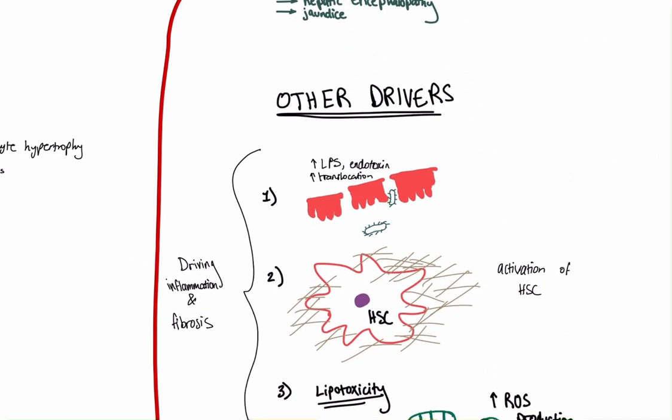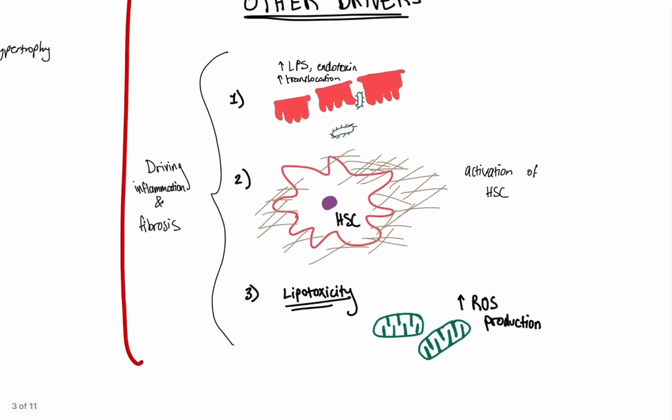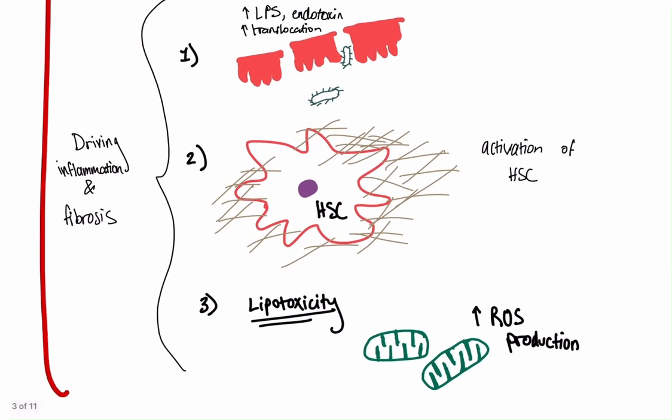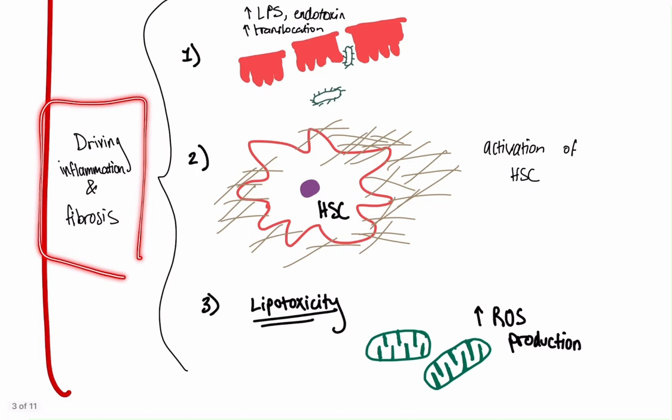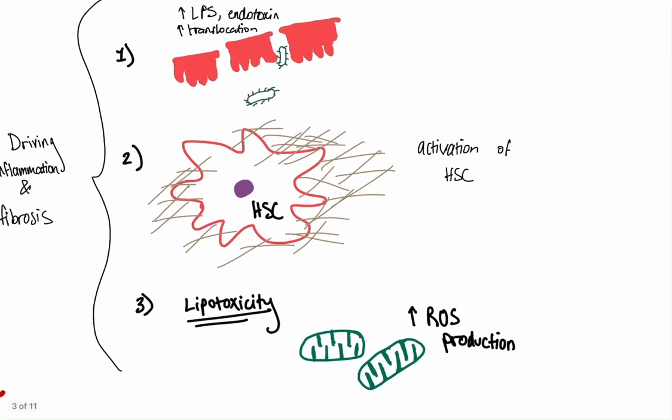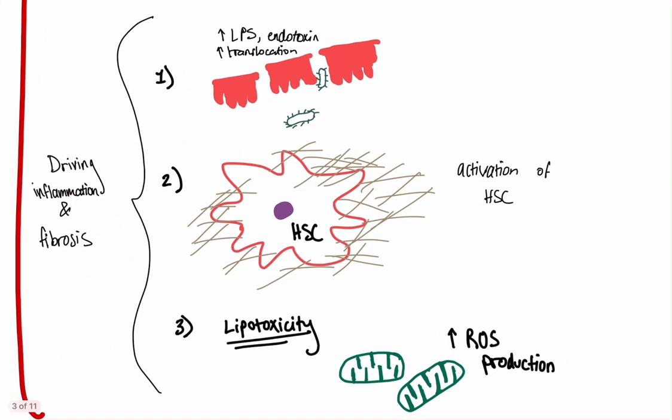Now, other reasons why cirrhosis is so dangerous are also outlined here. Mainly, it comes down to driving inflammation and fibrosis. But more specifically, we can look at increased permeability of the gut and the small intestine to microbes such as bacteria and their toxins, such as lipopolysaccharide and other endotoxins, which can drive inflammation via activation of toll-like receptors.